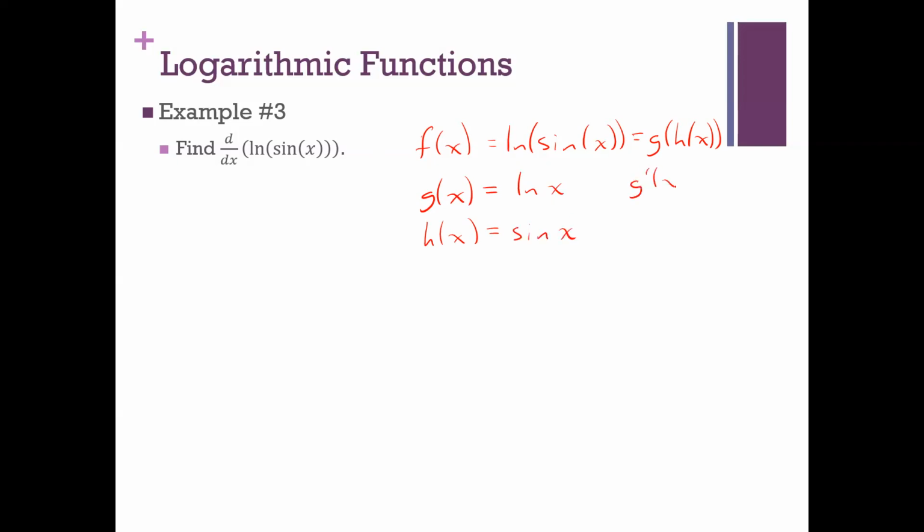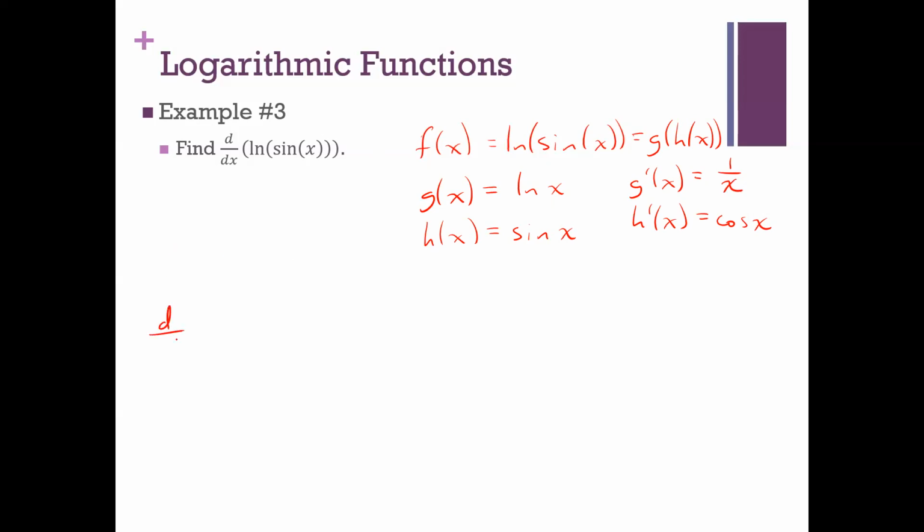All right. So we know the derivative of sine of x is cosine of x. And the derivative of natural log is 1 over x. Okay.